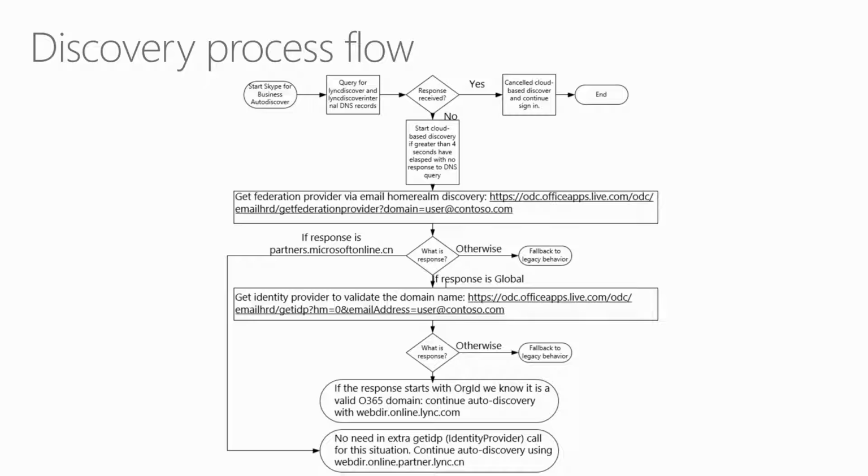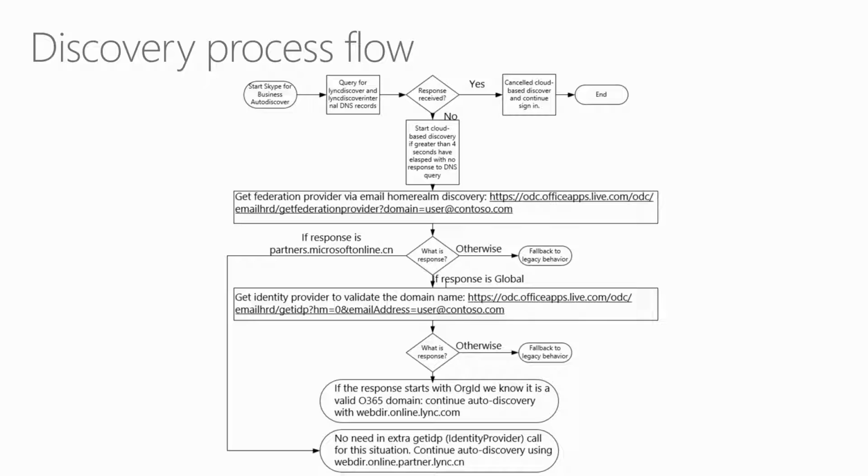So let's continue with the case that the response is global. Now we will go another time to odc.officeapps.live.com with a little bit different URL, also including the address of the user. And depending on the response again, the client will have different behavior.